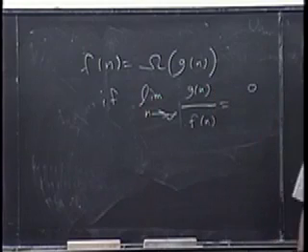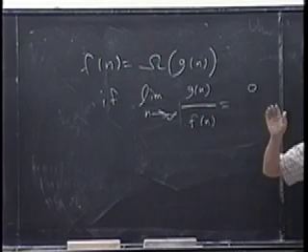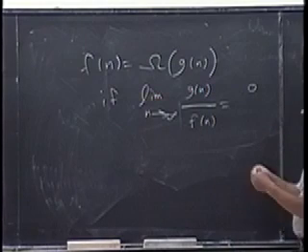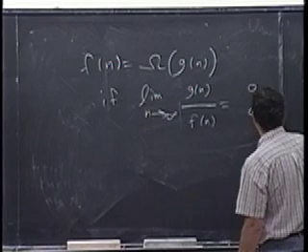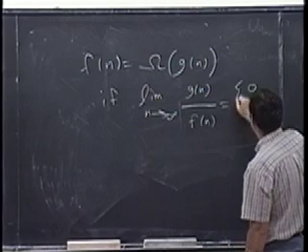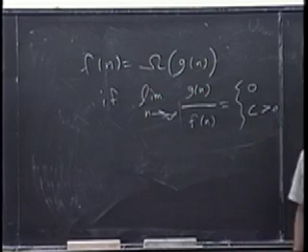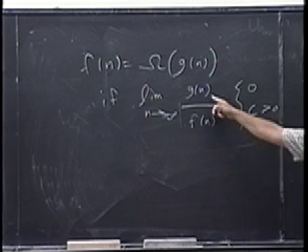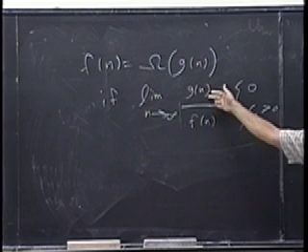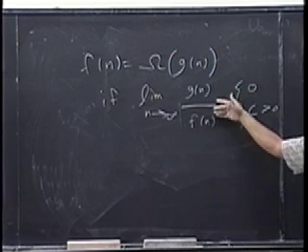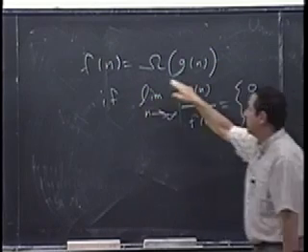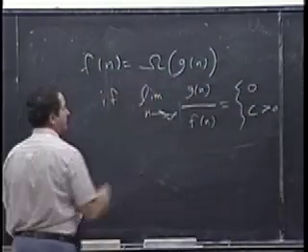Or it's about the same after all the constants get canceled and the small terms fall out, and then we have a constant which is bigger than 0, but we don't have infinity. We don't have the case that g of n really outstrips f of n, because then this limit would be infinity.